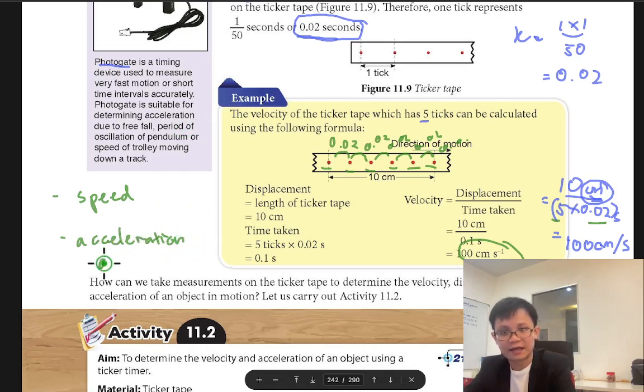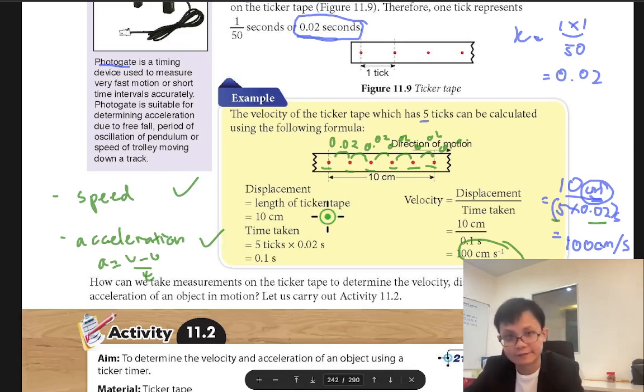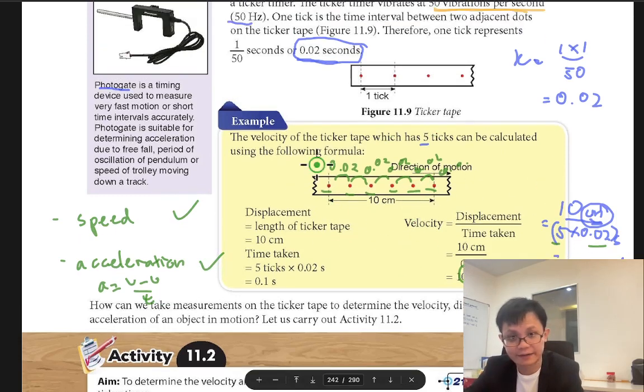Acceleration a equals v minus u over t: final velocity minus initial velocity divided by time. So you can do these two things after you understand the ticker tape and this formula.